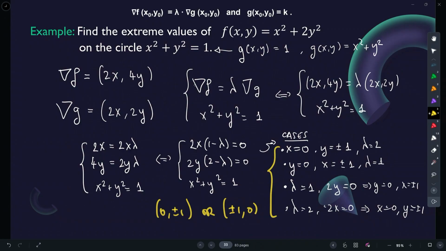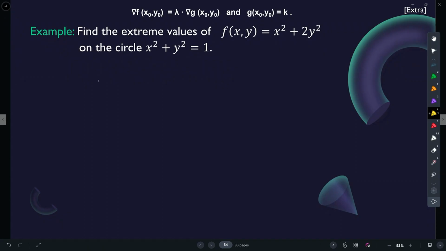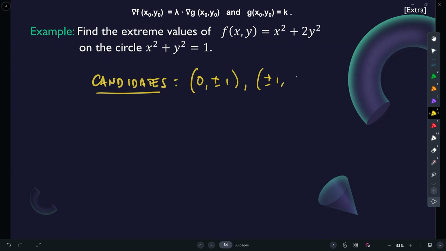Okay? And then you just evaluate. So the candidates are (0, plus or minus 1) and (plus or minus 1, 0). And that gives me f at (0, plus or minus 1) is, if I evaluate, just 2, while f of (plus or minus 1, 0) is just 1.